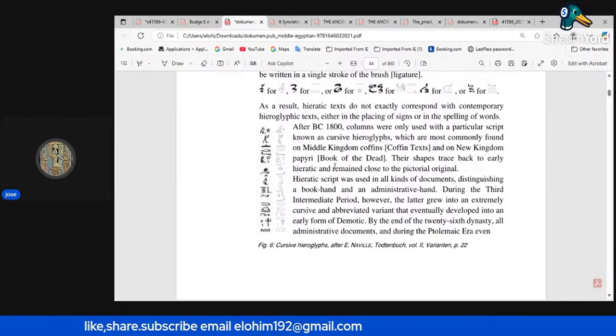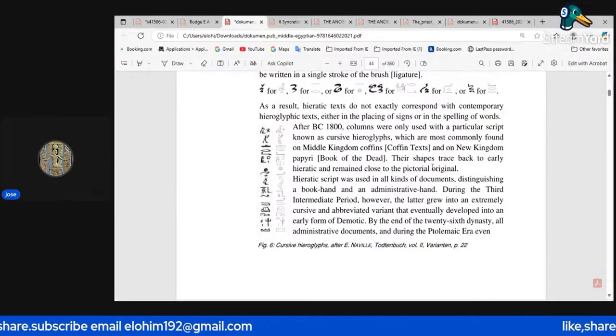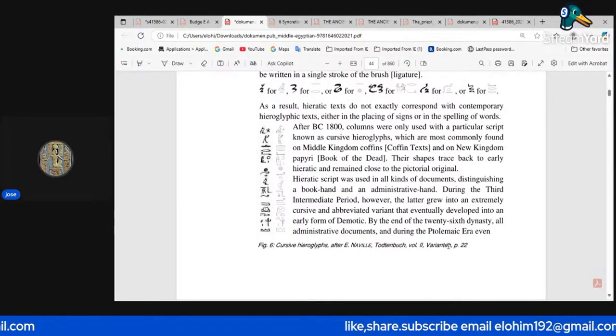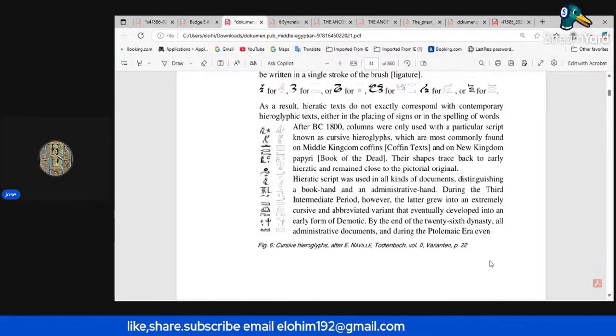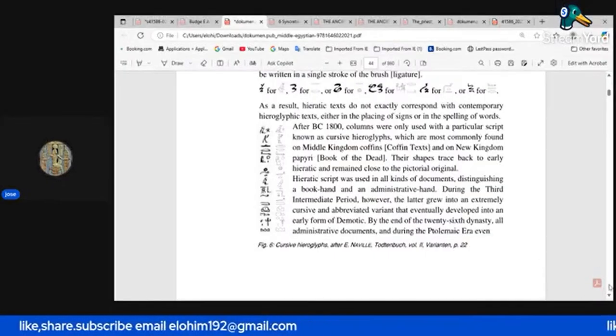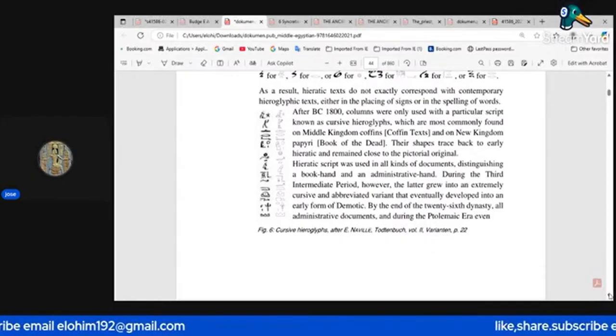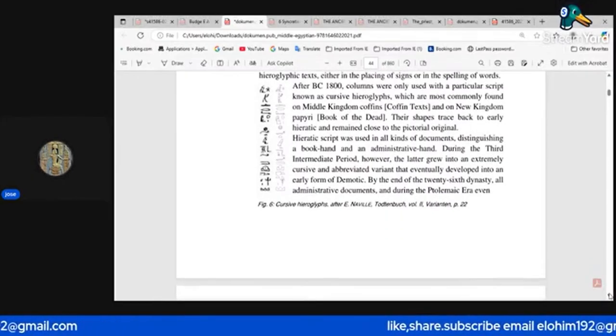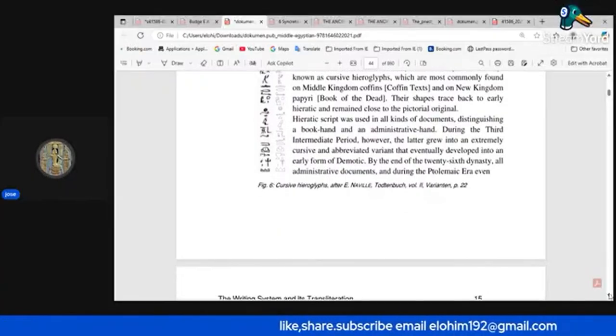The shape traces back to early hieratic and remains close to the original. Hieratic script was used in all kinds of documents, distinguishing a book hand and an administrative hand during the third intermediate period. However, the latter gave way to an extremely cursive or abbreviated variant that eventually developed into an early form of Demotic.